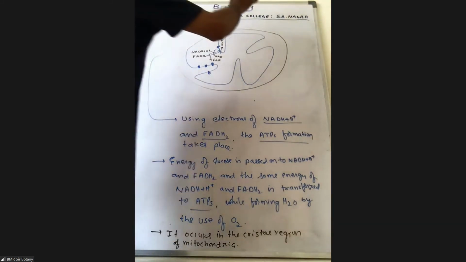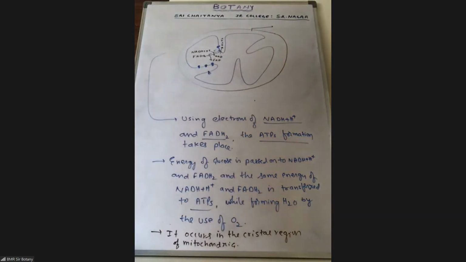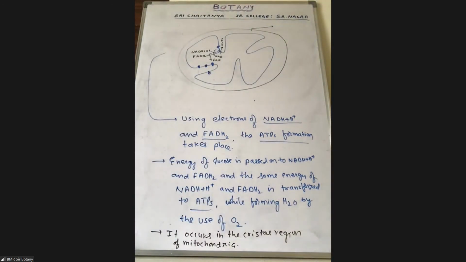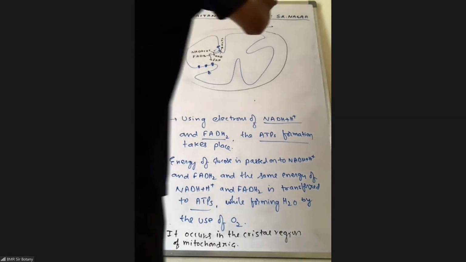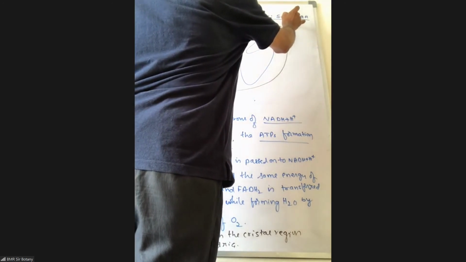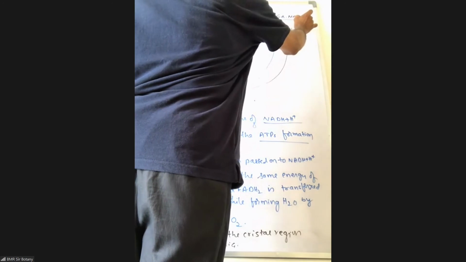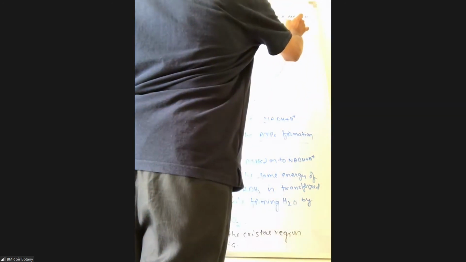What exactly is this? What is that space? Matrix. No. Be careful. Intermembrane. Perimitochondrial space or intermembrane space. You know it.